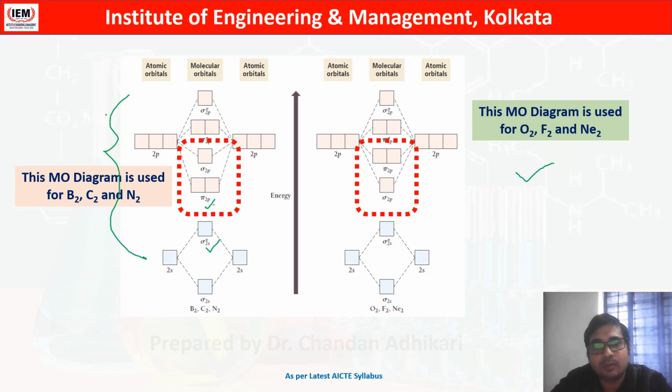Other things are similar, you just need to enter the number of electrons into the molecular orbitals and you can construct the MO diagram for boron, carbon and nitrogen using this MO diagram, and for oxygen, fluorine and neon using the other one. You just need to fill up the electrons. We will show that within the next few minutes.